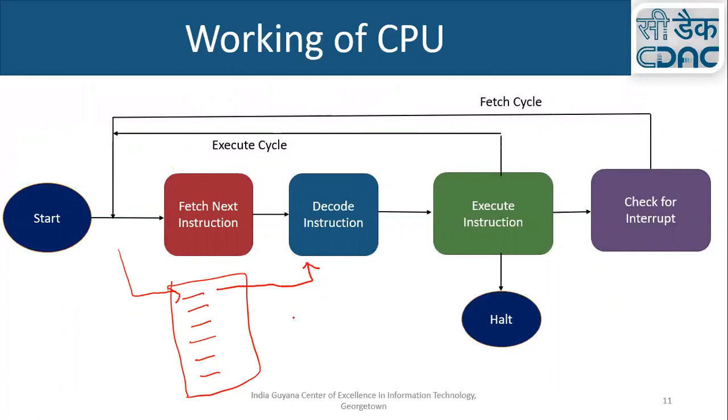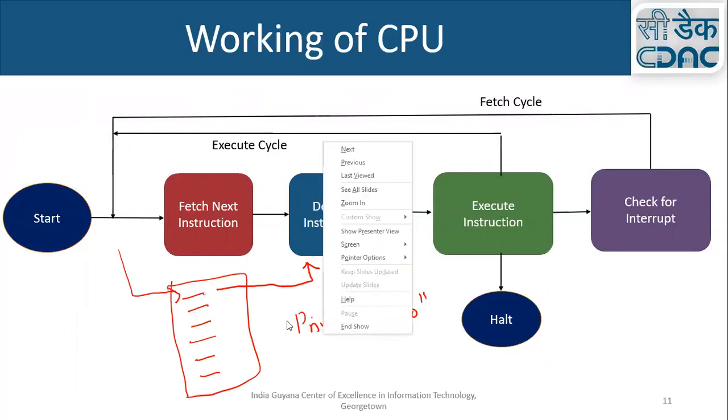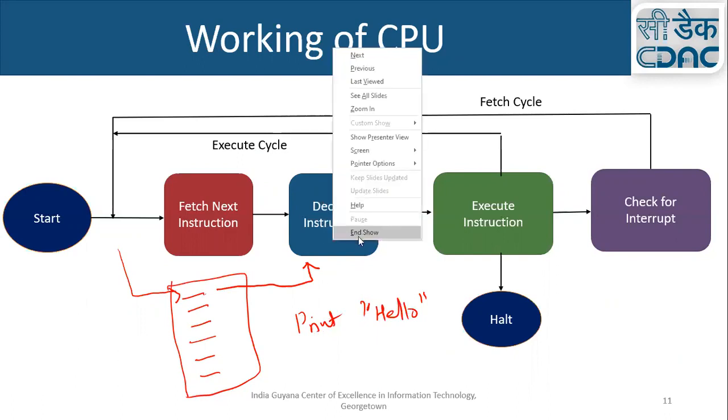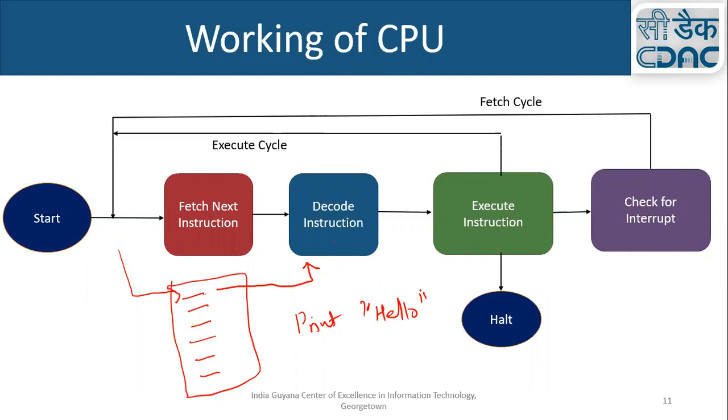Suppose you say, please print hello on the screen. It reads this instruction and tries to decode it. What is the meaning of this particular thing? It decodes the instruction and then executes it, printing hello on your terminal or screen. Then it goes to the next instruction and reads it.